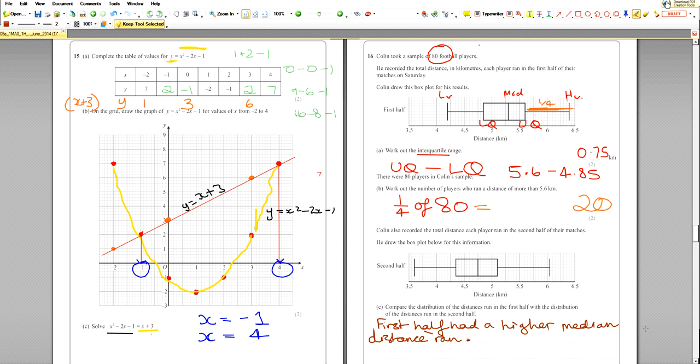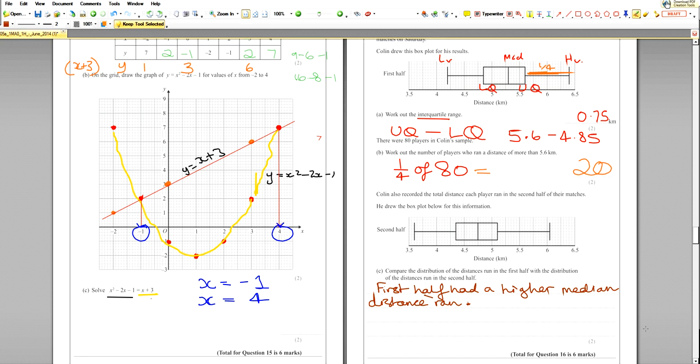Let's move it up a bit. Let's change color for the second part.